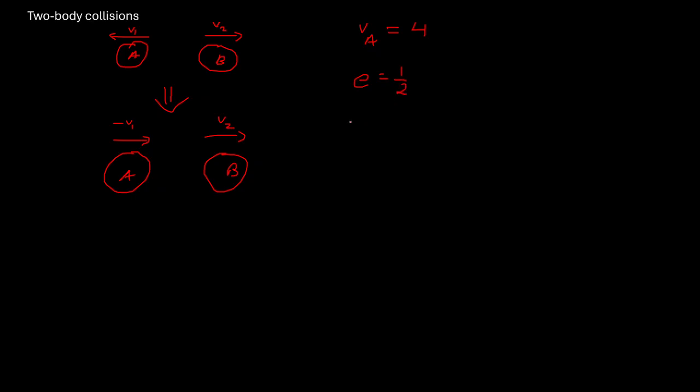Now speed of separation vs would be a bit different, because in this case it will be v2 minus v1, right? This is how we consider speed of separation. vs equals v2 minus v1, but that was when v2 was this way and v1 was this way. So in our case, v2 corresponds to v2, v1 corresponds to negative v1, because now it's finally in our direction and we get negative v1.